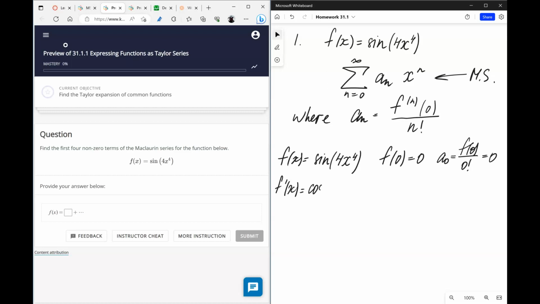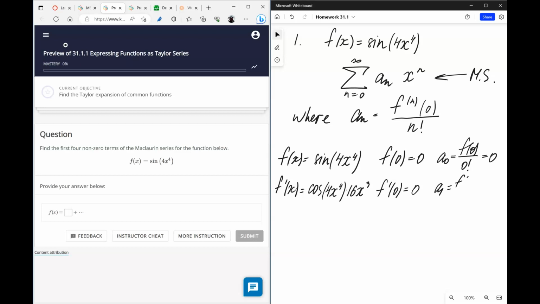It's going to be cosine of 4x to the power 4 times the derivative of 4x to the 4, which is 16x cubed, and we're going to evaluate the derivative at 0, which is going to be 0 again.